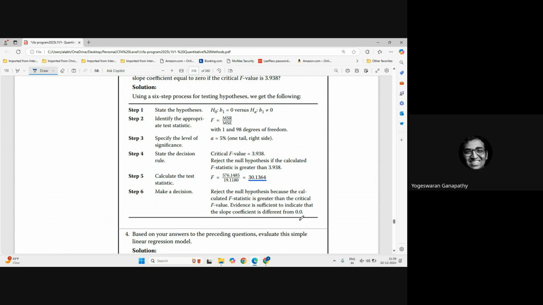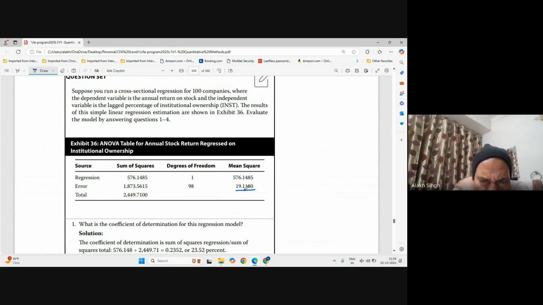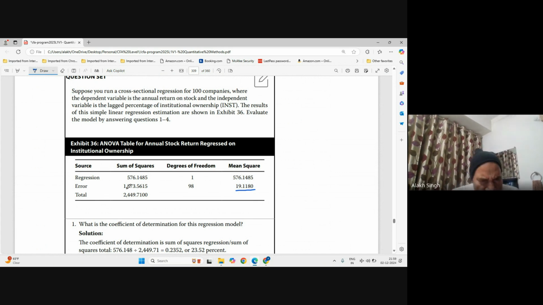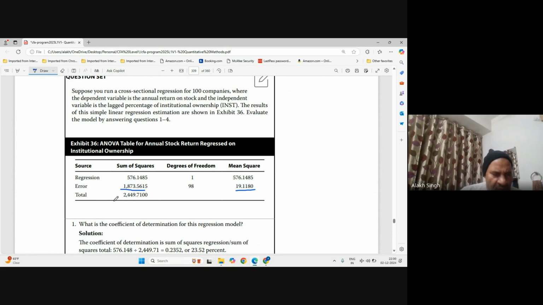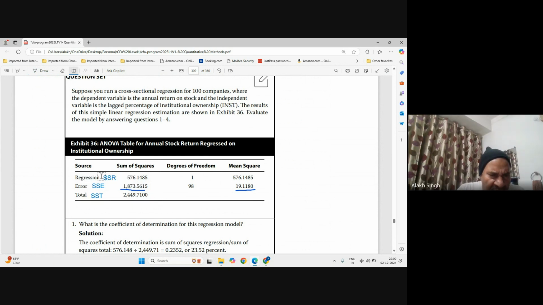In the table, this one is the error sum of squares, SSE. This one is SSR. And this one is SST, the total sum of squares, 2449. So R square is SSR by SST.